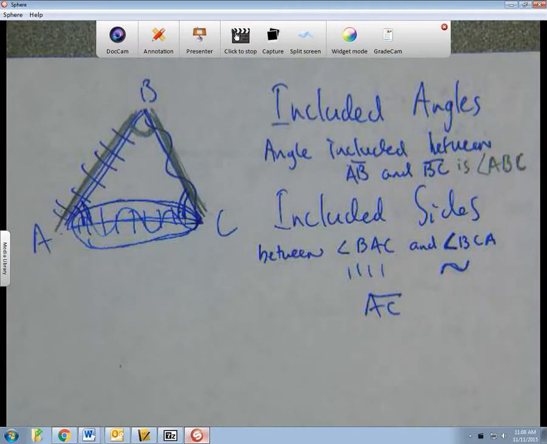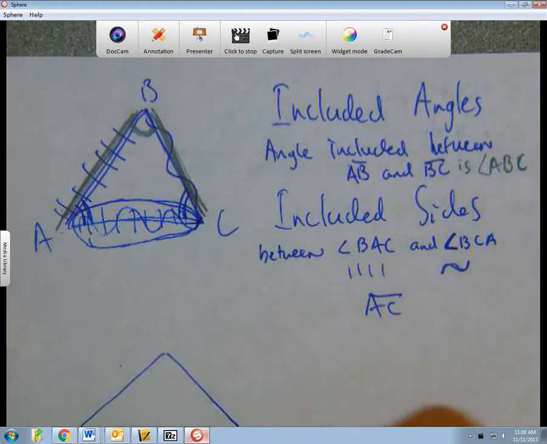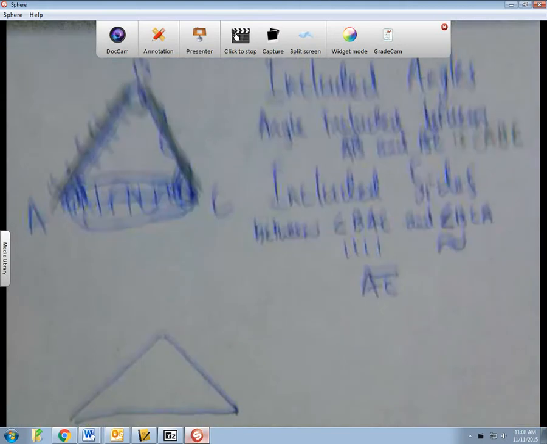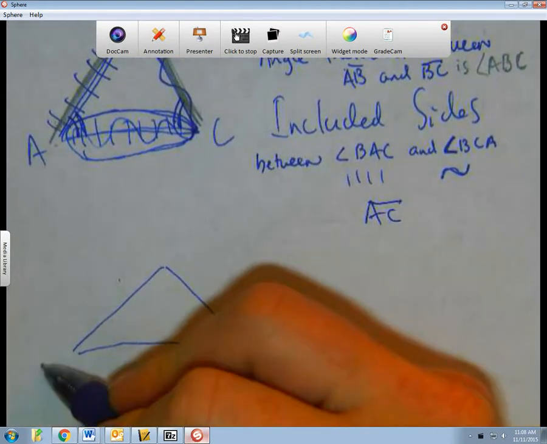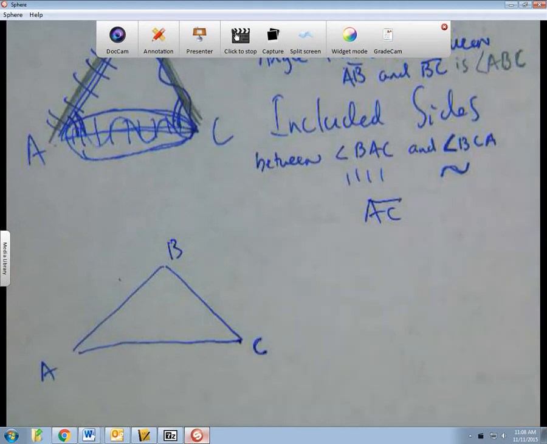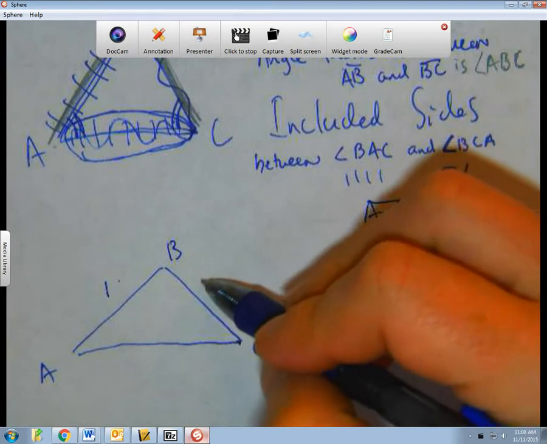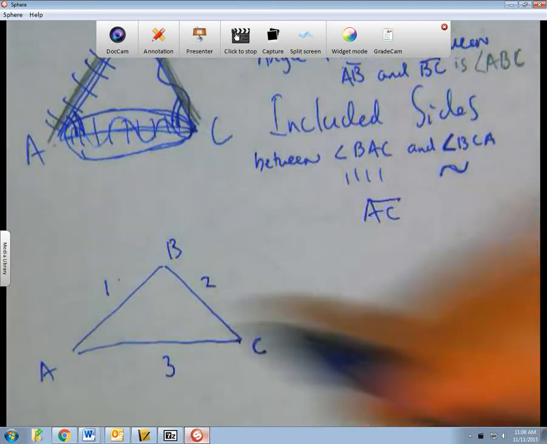Alright, so let's draw another triangle. Just for simplicity's sake, let's say this is 1, this is 2, and this is 3. Those are the measures.